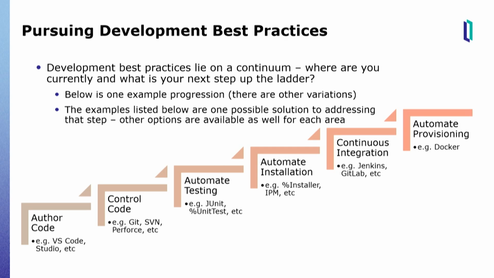Then automated installations, continuous integration, orchestrating all of these pieces, and then automating provisioning. And wherever you are on this ladder, there's always some interesting bits just beyond and some value to be attained just beyond. So what I'm going to be focusing on in the first half is really talking about controlling your code. And then Praveen's actually going to show bits of other steps of the ladder as we go up.